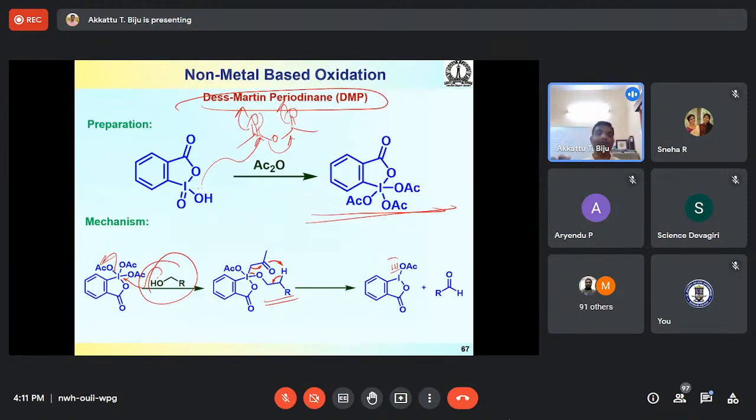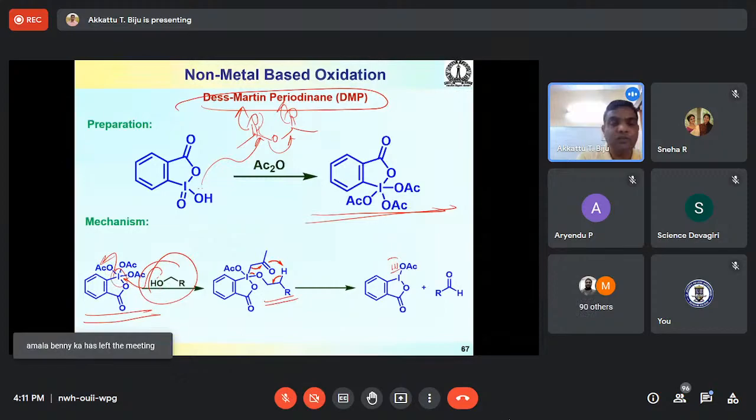One of the important advantages of this Dess-Martin periodinane oxidant, the DMP oxidation, is this: if you look at it, you can see three acetate moieties.